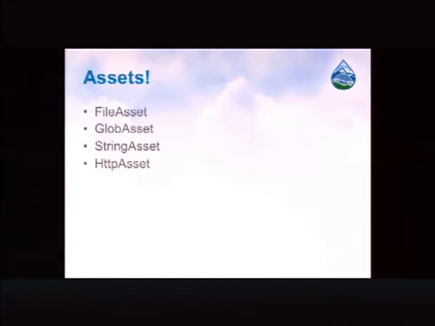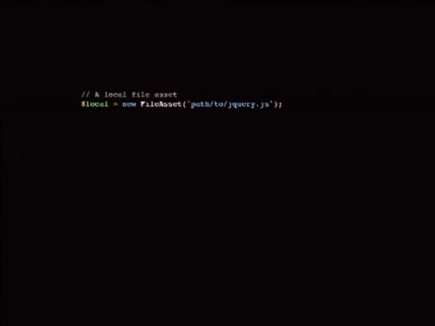We have different classes to represent assets. And bear with me, this is a bunch of PHP here. File assets, glob assets, string assets, and HTTP assets. File, string, and HTTP should be pretty straightforward to understand. In Assetic, to declare an asset, you say new FileAsset, and you give it a path to where that asset actually lives.